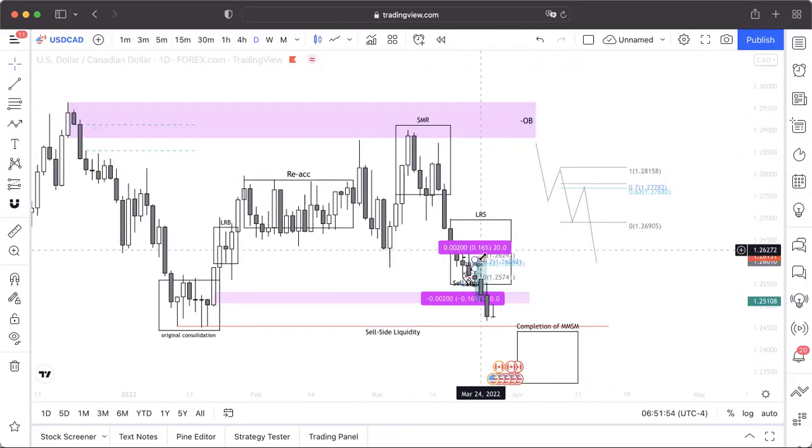And if you go to the lower time frame, you can see that pretty much all the daily cycles were bearish. I can zoom in here and look at every single day, and you will see that all the daily cycles were bearish.